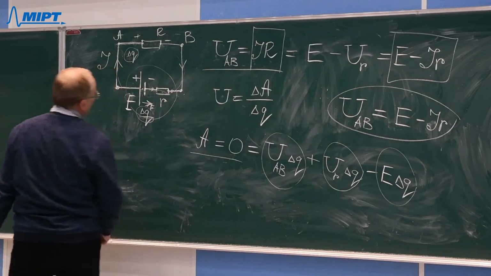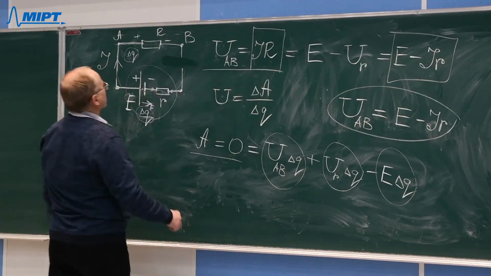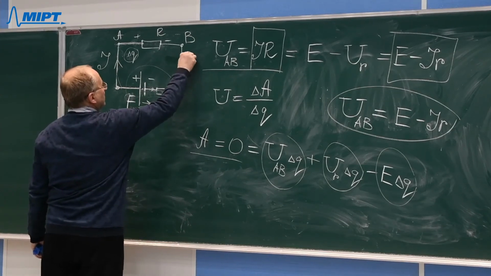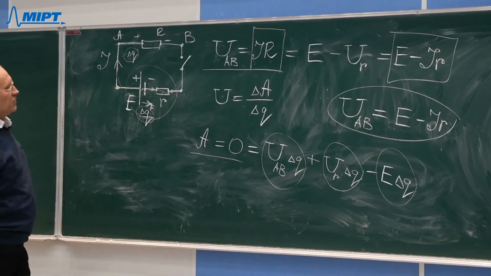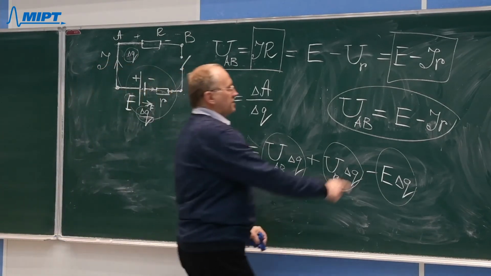Suppose we have broken this circuit, suppose we have disconnected this switch so that no current is flowing here. This part will be zero.